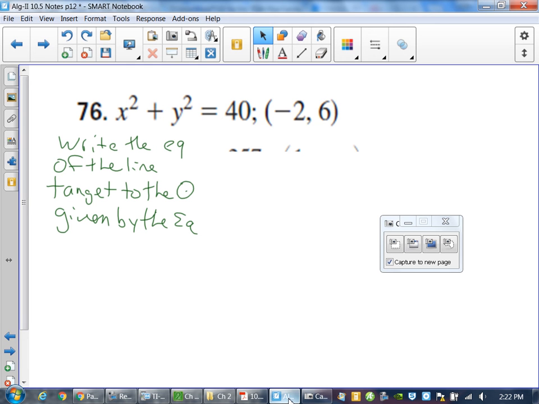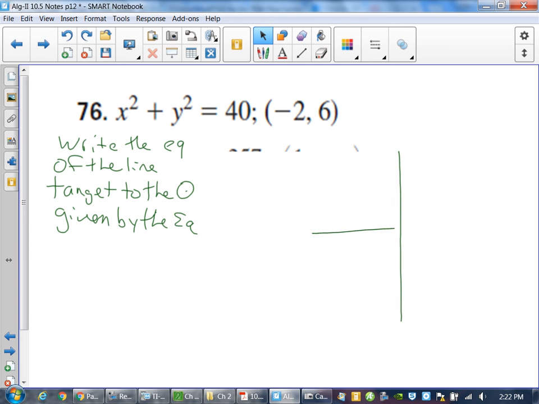So you're given the equation of a circle, x squared plus y squared equals 40. This one happens to be centered at the origin. My radius is the square root of 40. The square root of 40 is bigger than the square root of 36, but smaller than the square root of 49.